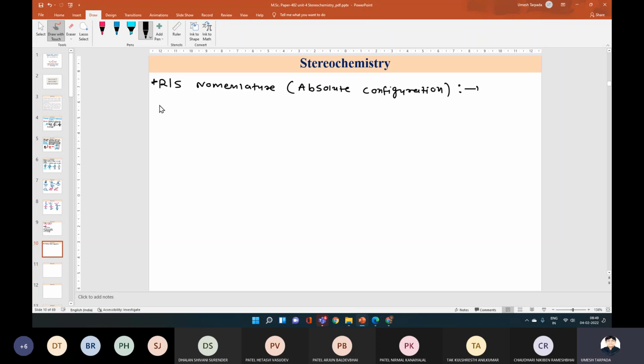Rule number 1 is the priority rule, or you can say sequence rule.